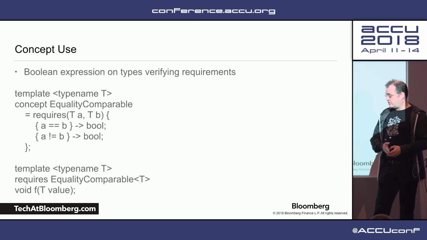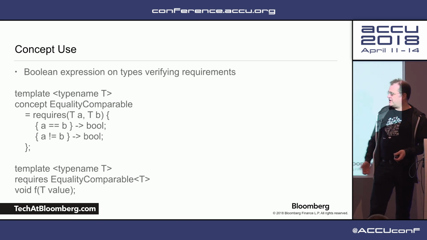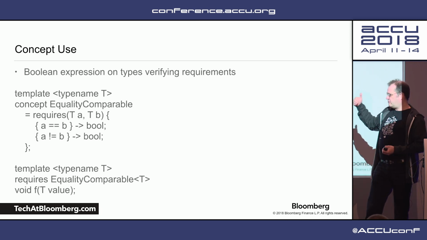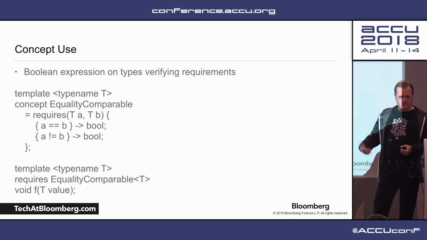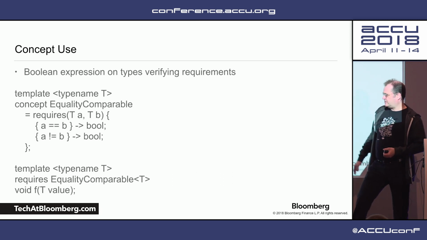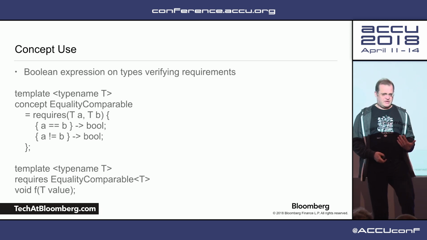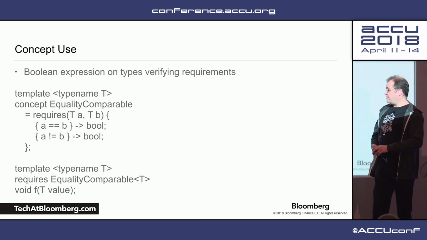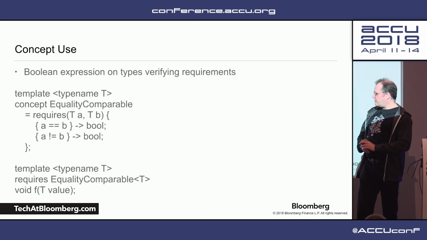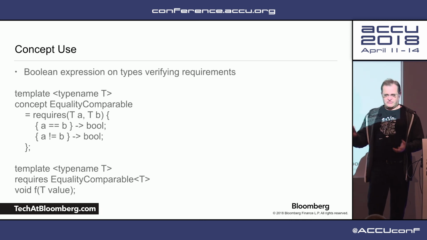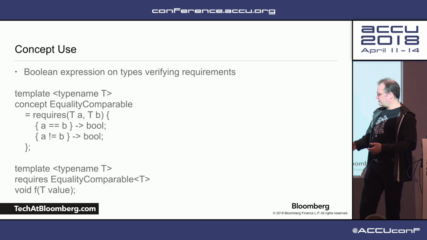A use could look like that. We basically say you want to constrain a function f to accept only types which are equality comparable. So basically just say template and requires, this is the new syntax you can use, followed by a normal template declaration. Now people said, well, that often gets very verbose and it would be nice if we could make that slightly shorter.